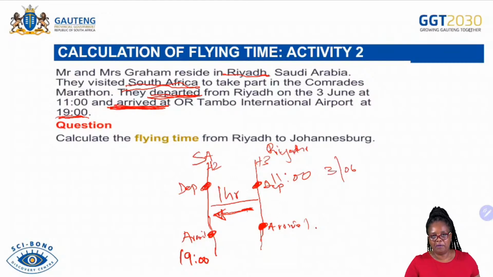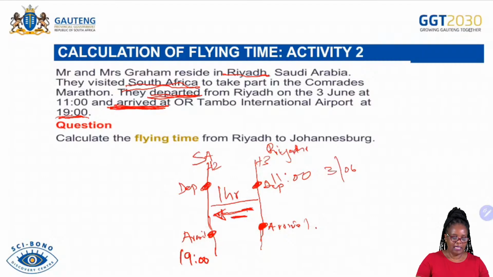And the golden rule says that if they are moving from the east to the west, we subtract, we minus. That minus must be there. So here we are. What are we minusing? We are minusing the time difference.